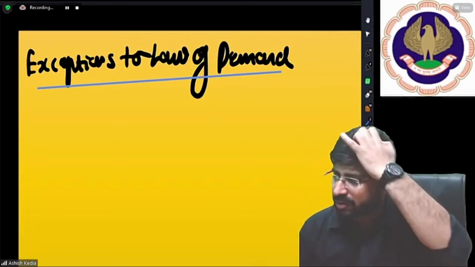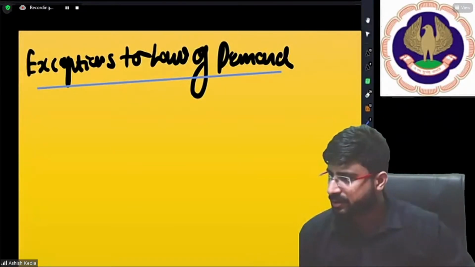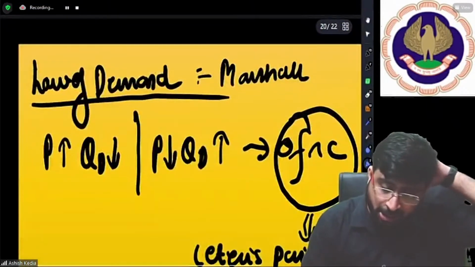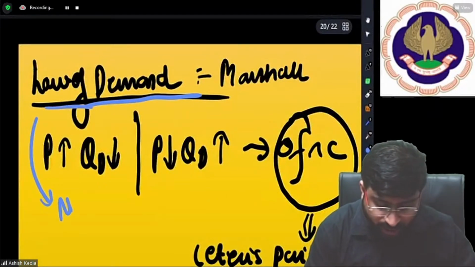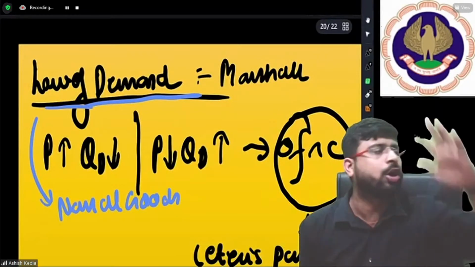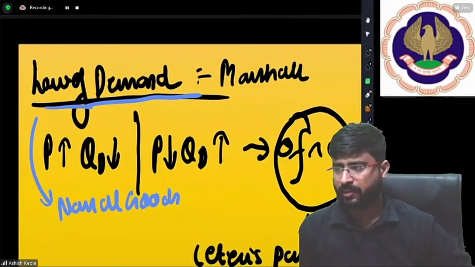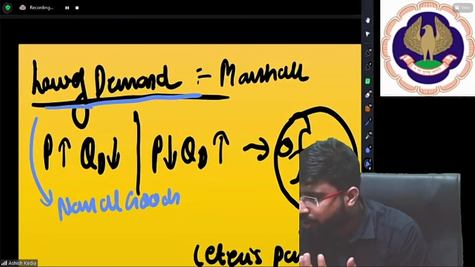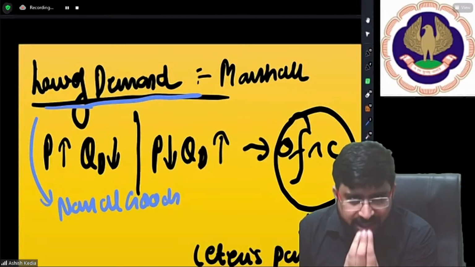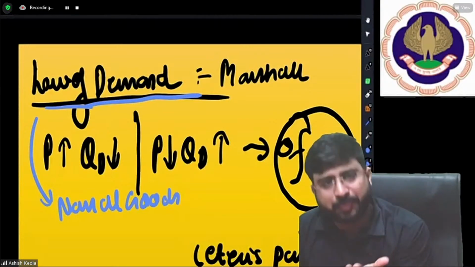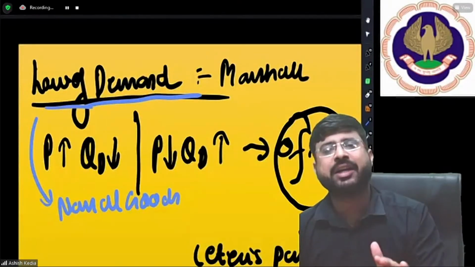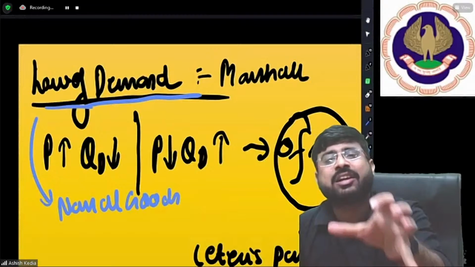See, what does the law of demand tell us? By the way, when I'm talking about the law of demand, we are only talking about normal goods. The law of demand is not mentioning anything about inferior goods or luxury goods. Any law in this world is made for the purpose of generalization.